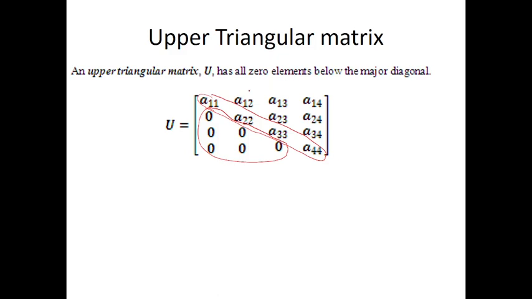So we can therefore say that this is an upper triangular matrix, provided that of the elements above it, at least one element must not be equal to 0. So we can therefore say that this is an upper triangular matrix.